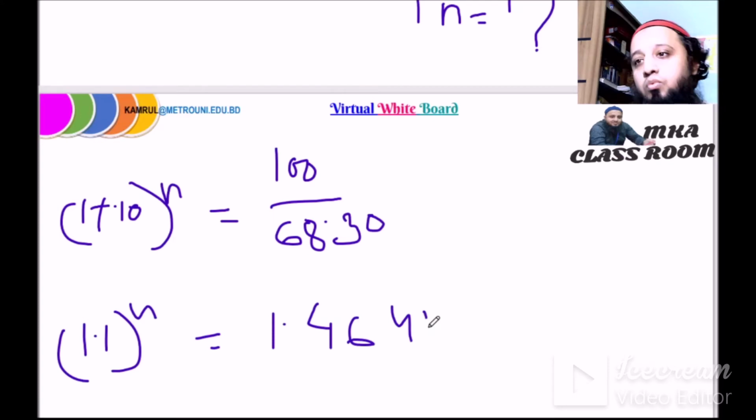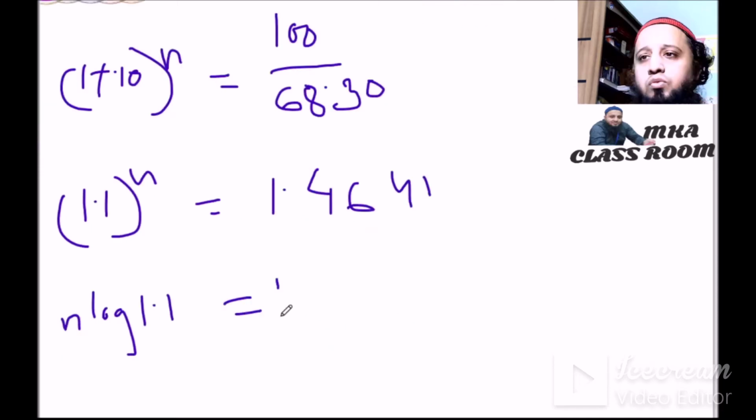Then if we take log on both sides, the result will be n log 1.1 equals log 1.4641.